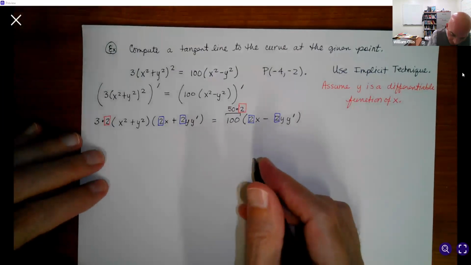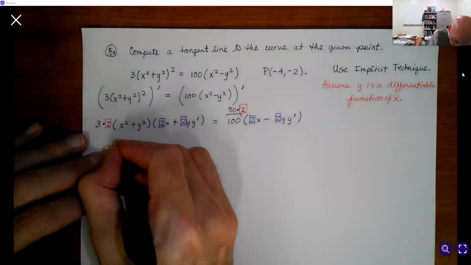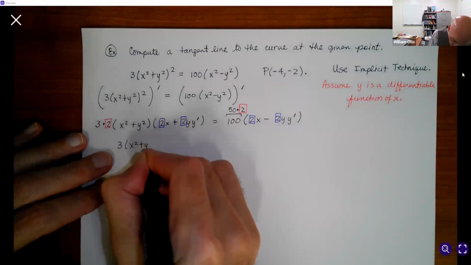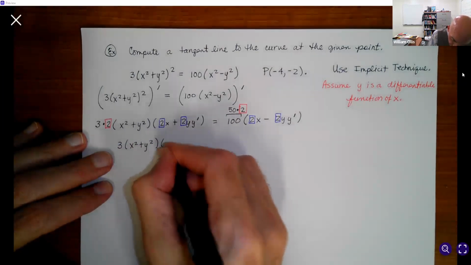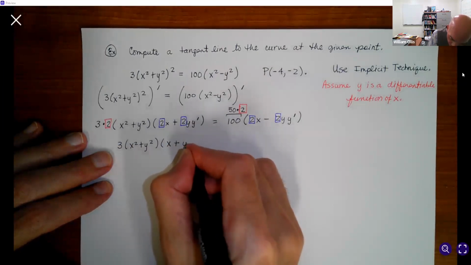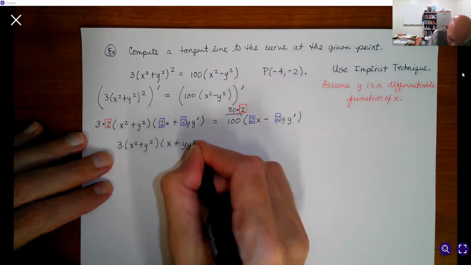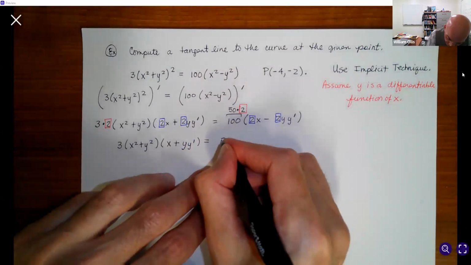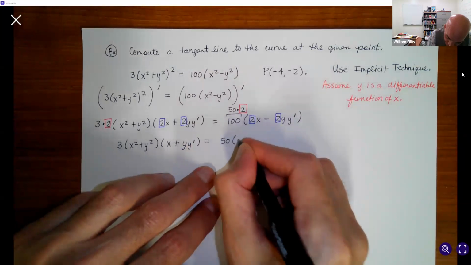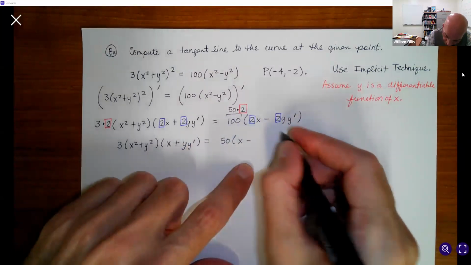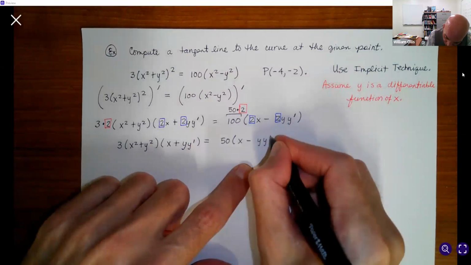They just get in the way. So look, we've got 3 times x squared plus y squared, and then we have x plus y, y prime equals, and of course the 50 survives here. We have 50 times x, or the quantity x minus y, y prime.